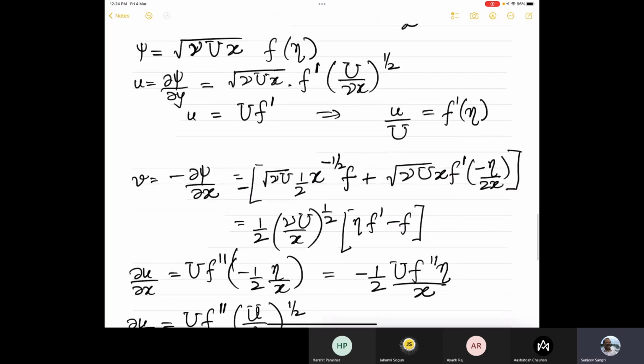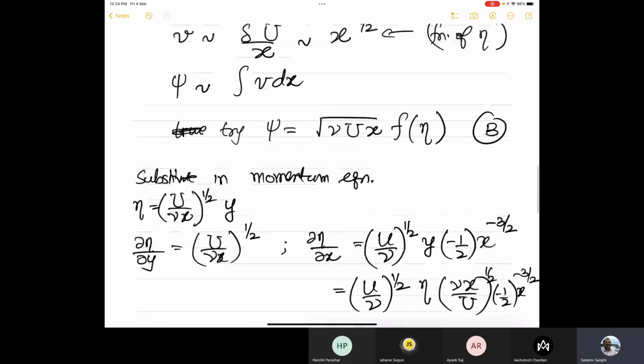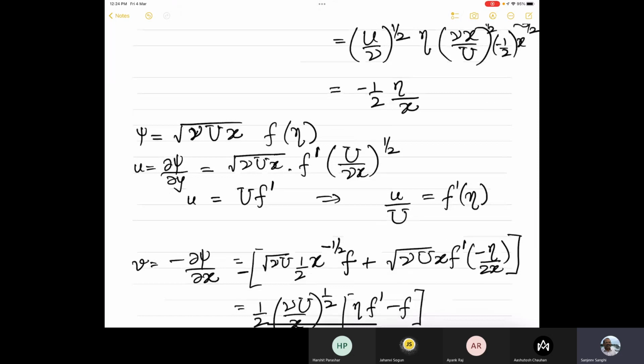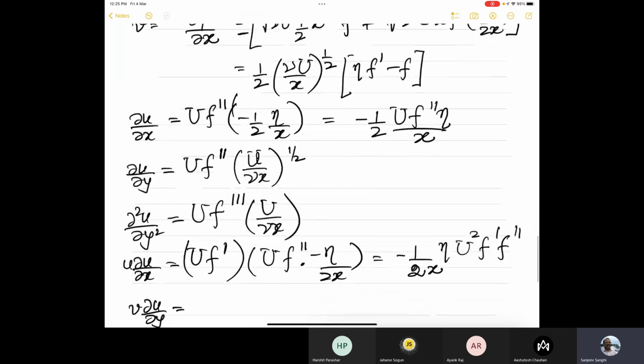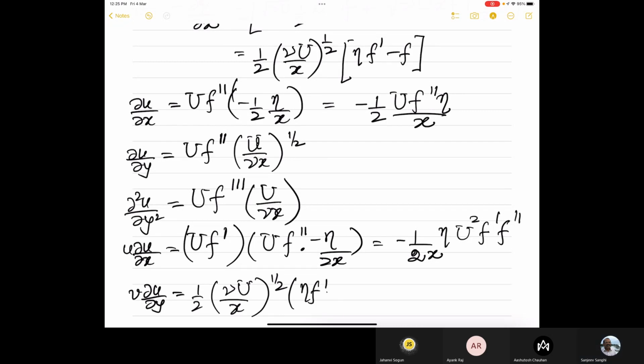And we also need v du by dy. We had already derived it earlier. What was v? Or v was done here. V was equal to this thing. So v will become half nu u upon x to the power of half eta f prime minus f times capital U f double prime u by nu x to the power half.